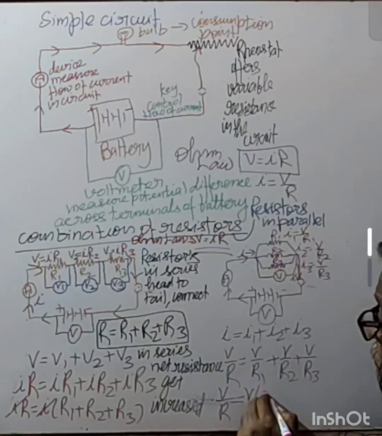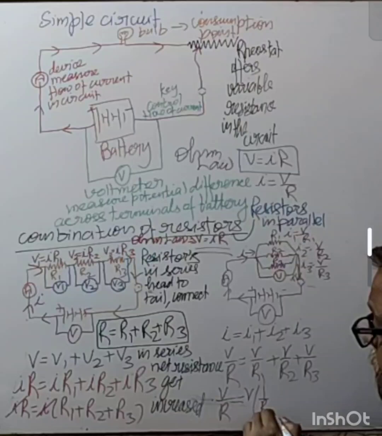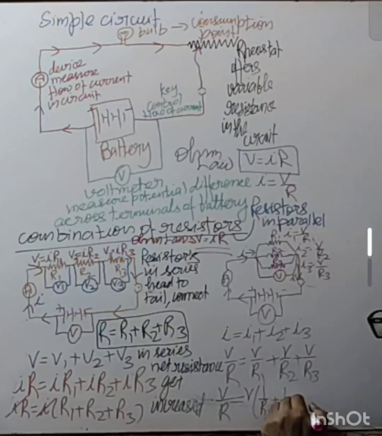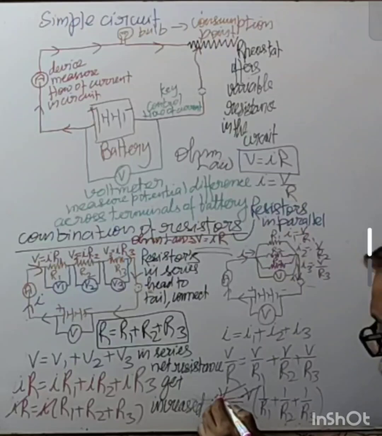So we get 1 upon R1 plus 1 upon R2 plus 1 upon R3. This V and V cancel out. We get 1 here.